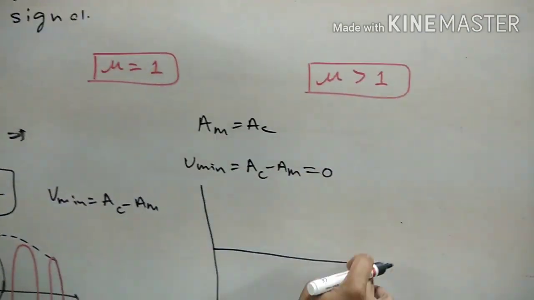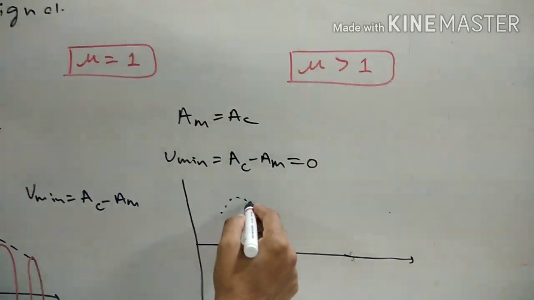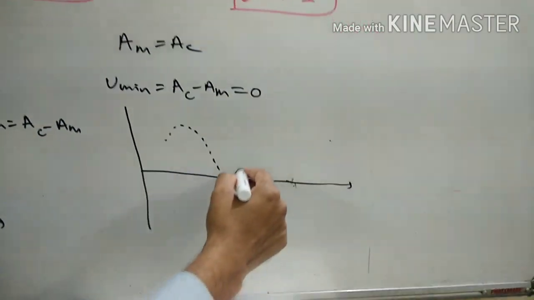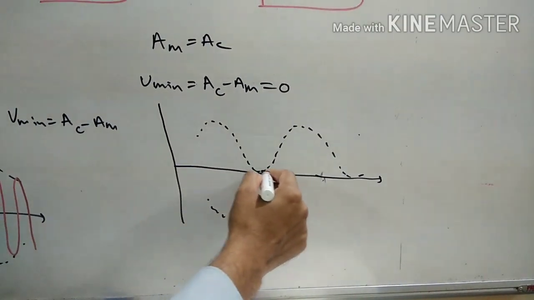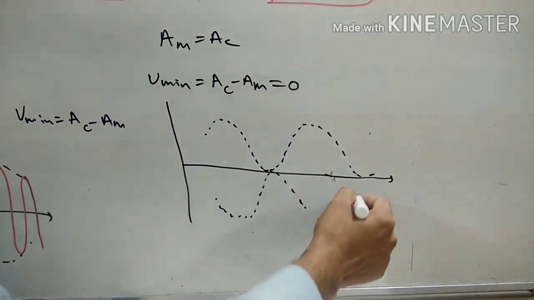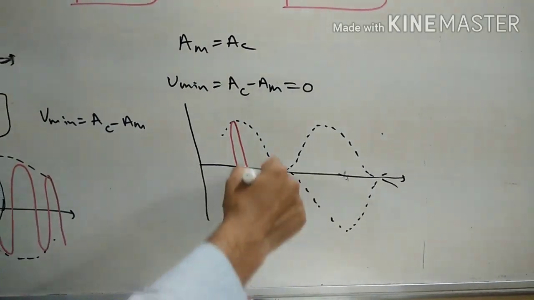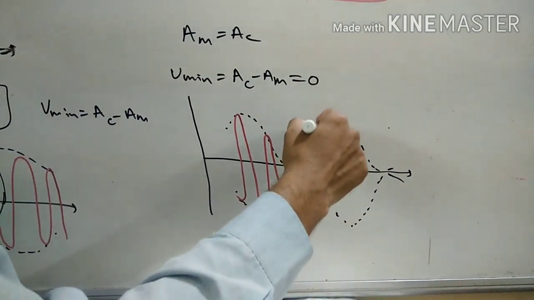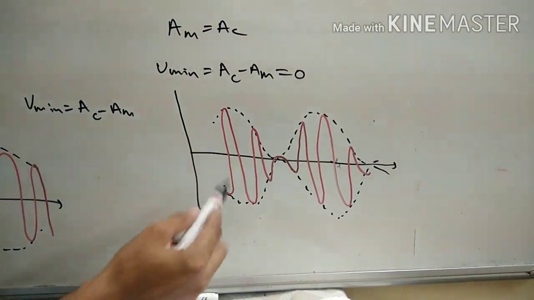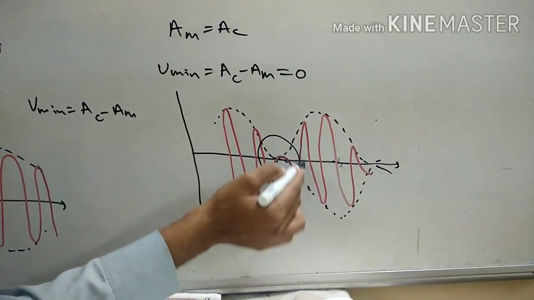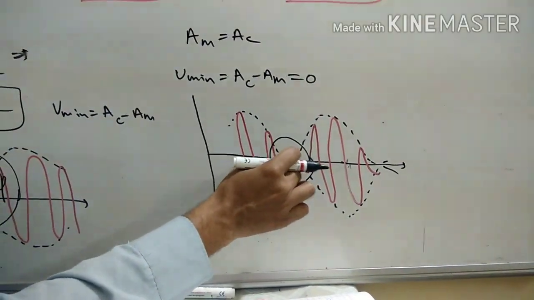So at V minimum the value will be 0. The modulated wave will look like this, and at the V minimum part the value is 0. That means at this point there is no signal.